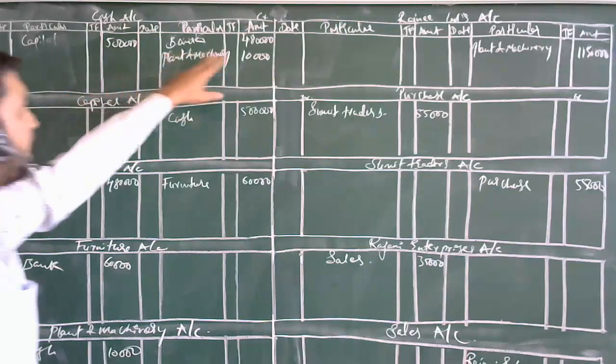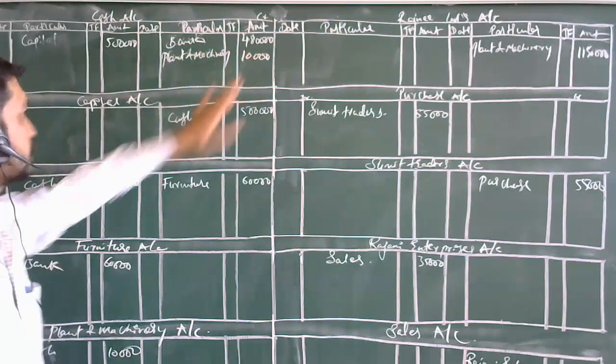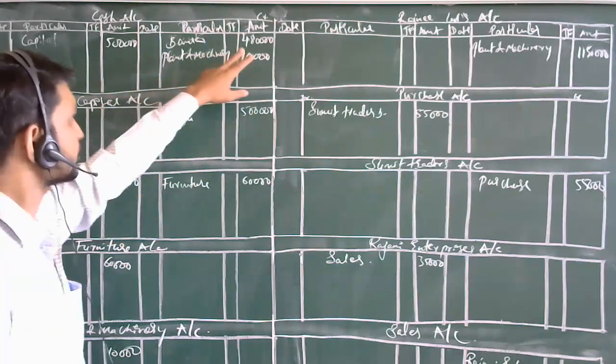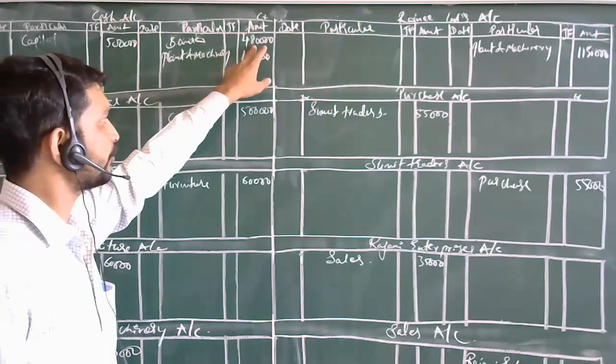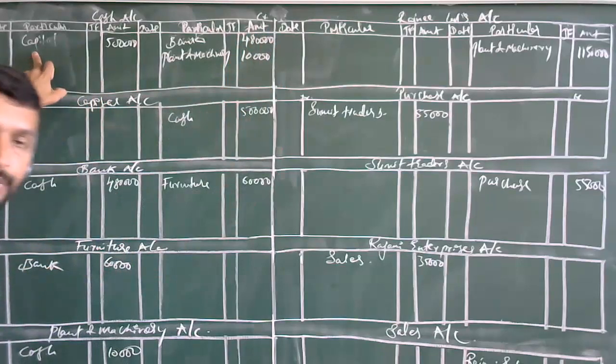Here by bank, the cash you were having, you have posted it to the bank account. So here you have 4,80,000, and the cash you were having here is credited over here. Then this is the capital balance, cash capital of rupees 5 lakh.